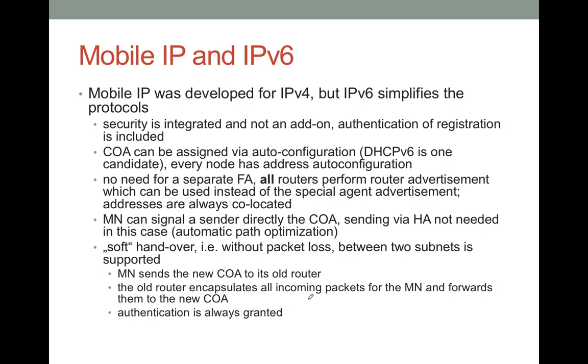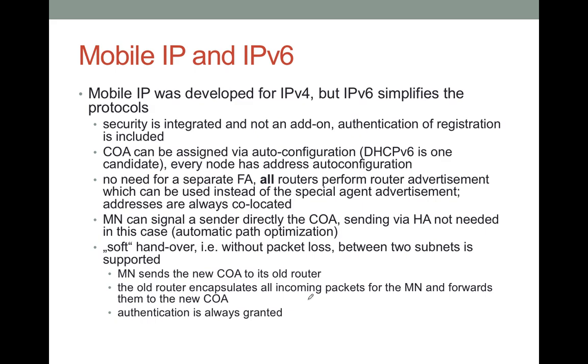The mobile node can signal a sender directly to the care of address. Sending via the home agent is not needed in this case. So the mobile node can signal a sender directly to the care of address, not through the home agent anymore. Okay, there is also soft handover, i.e. without packet loss between two subnets, which is supported.